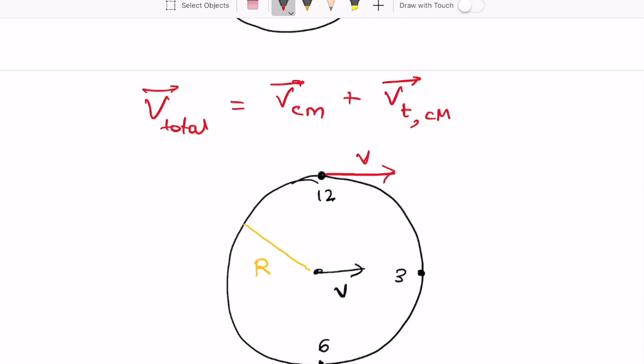What is the direction of the 12's tangential velocity relative to the center? The answer is it's just going to be in the tangential direction. So its V tangential would also be in this direction. And we just saw that the total velocity would be the vector sum of these two. So these are both going to be in the same direction. We're just going to use our equation right here.